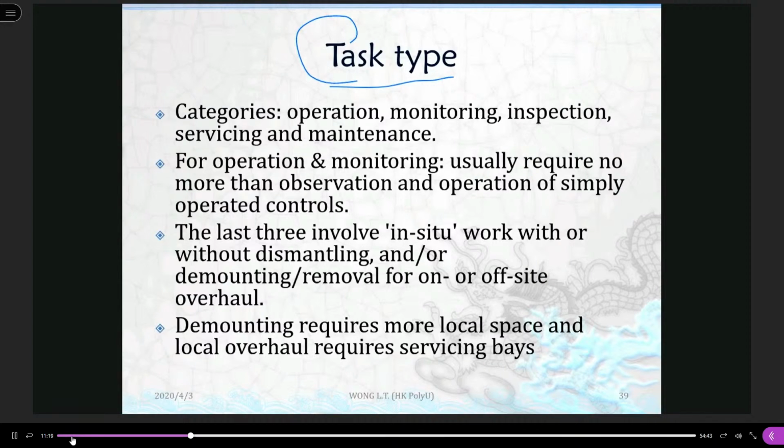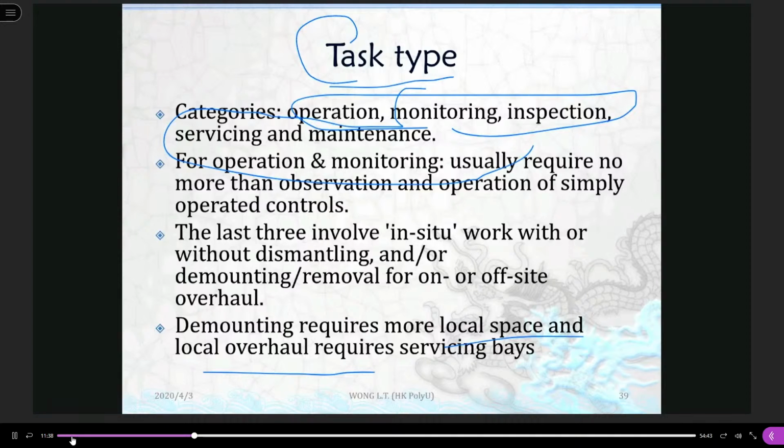Monitoring, inspection, and surface maintenance are not very extensive work. Demounting requires more local space, and the overhaul requires surface space and also longer duration. Now, these are the task type related.